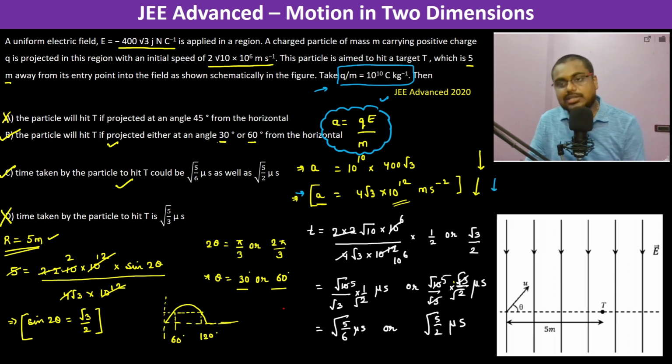So now this acceleration takes the role of the g which was in our projectile before, and all the formulas will be the same. Only thing is you replace the g by this acceleration a. Okay, thank you.